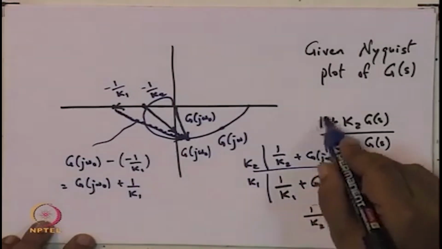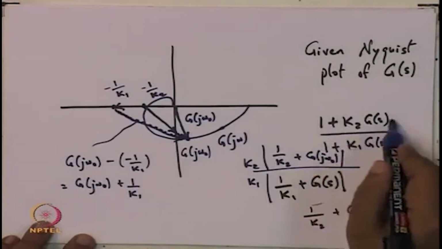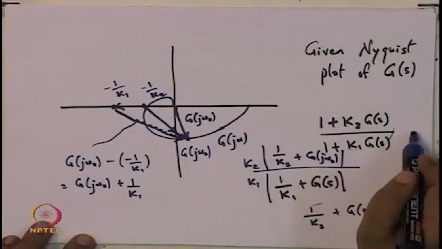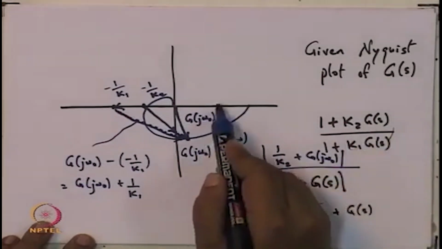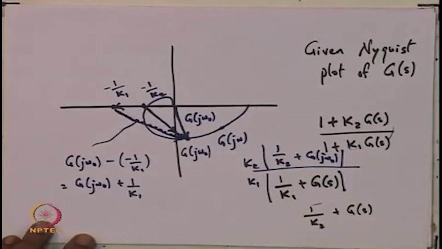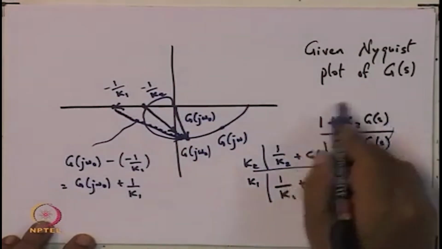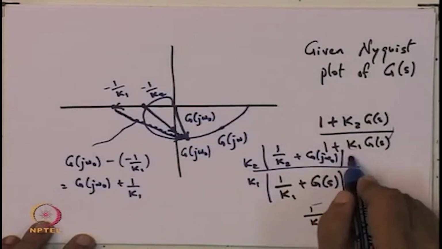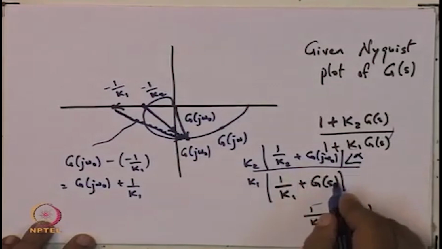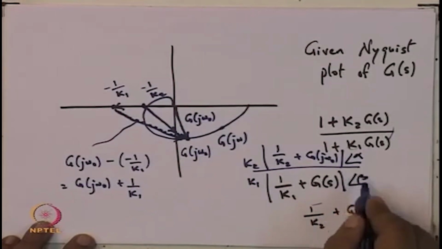But what we wanted to know was whether this transfer function is positive real, and that would mean the resulting Nyquist plot should have an angle which lies between plus 90 degrees and minus 90 degrees. The angle of this transfer function is essentially the angle of this, which let me call alpha, and the angle of this, let me call beta.